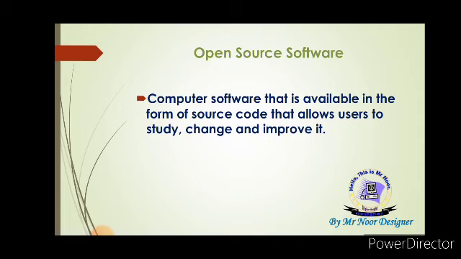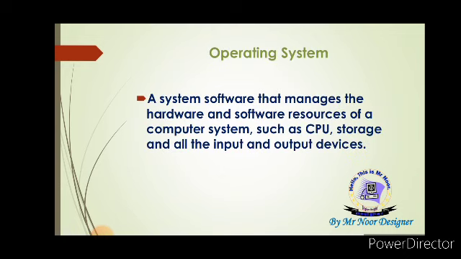Open source software, computer software that is available in the form of source code that allows users to study, change, and improve it. Operating system (OS), a system software that manages the hardware and software resources of a computer system, such as CPU, storage, and all the input and output devices.